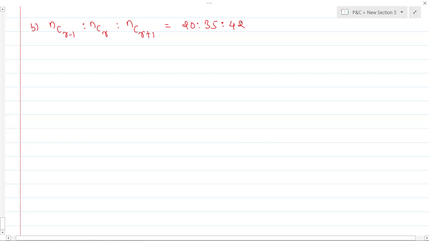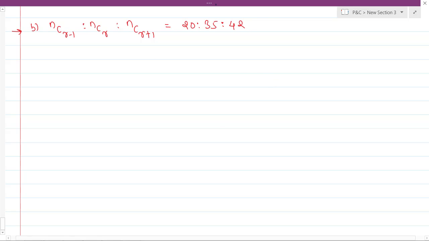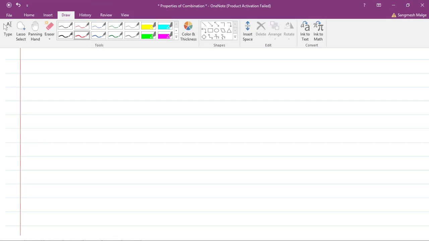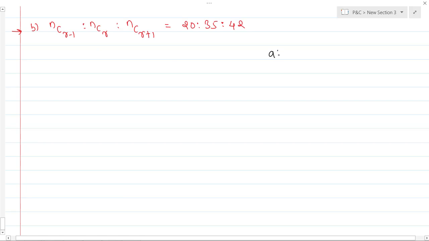Okay, so first understand, the question is given in the form of 3 ratios. To understand this we should first understand the basic ratio concept. See here, suppose you have a is to b is to c equal to, suppose, 2 is to 3 is to 5.